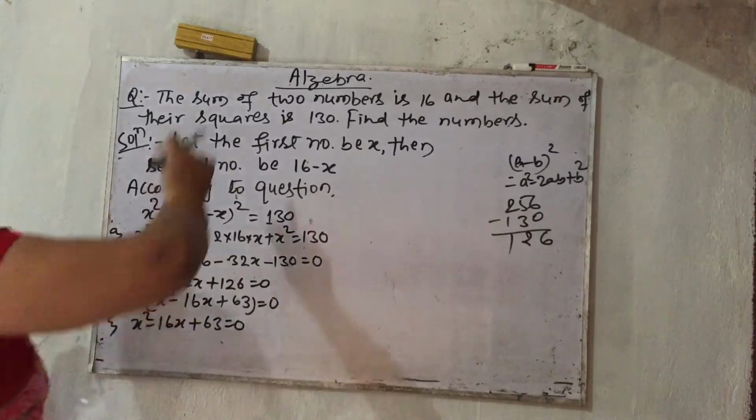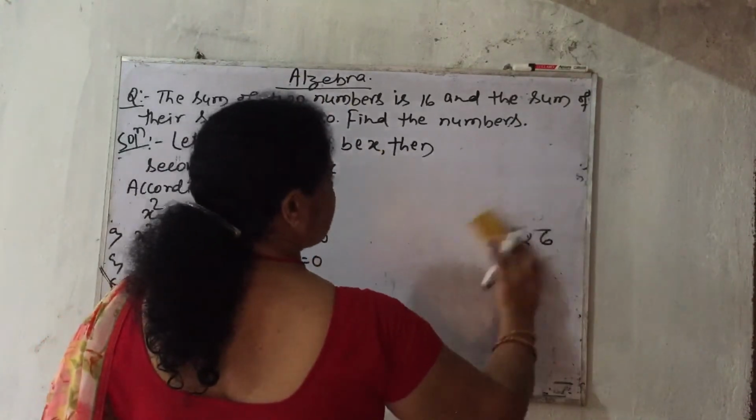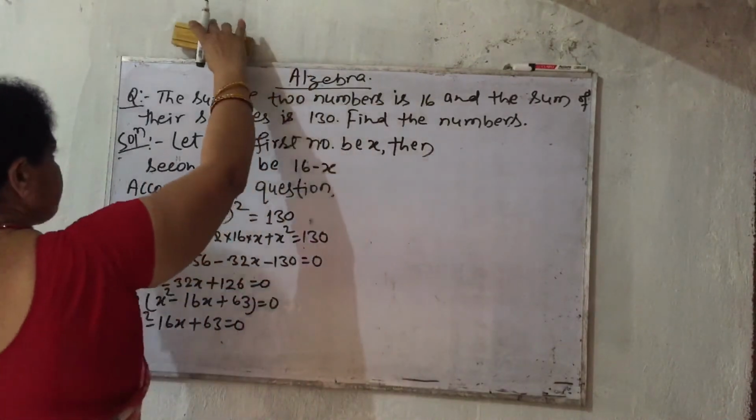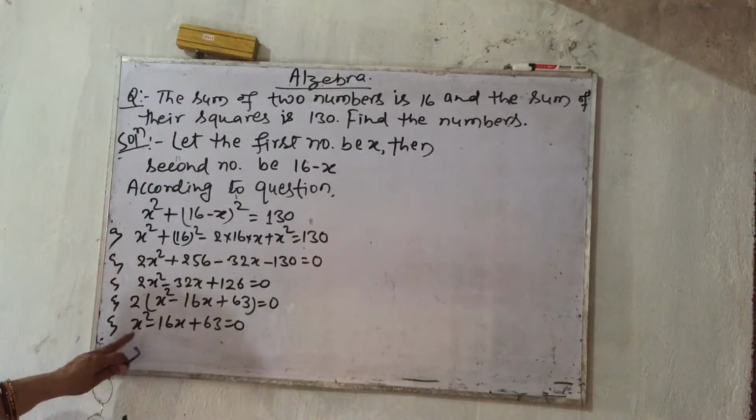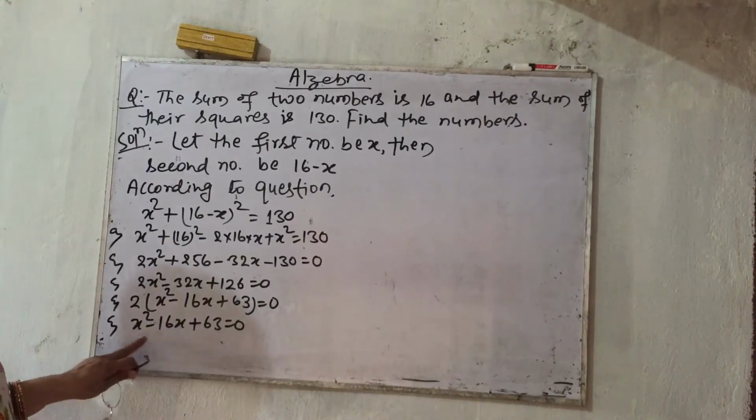Now we have to factorize this. Factorization means taking the first term and the last term, which is 63x square.